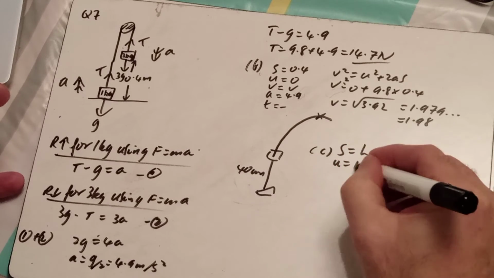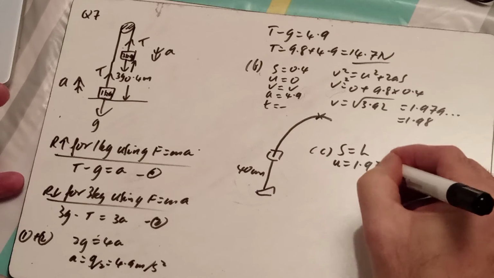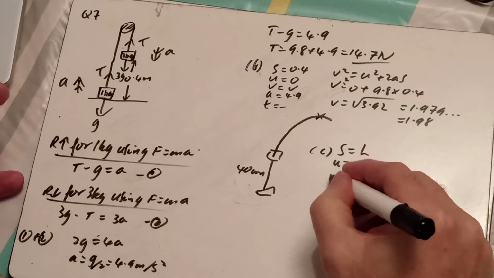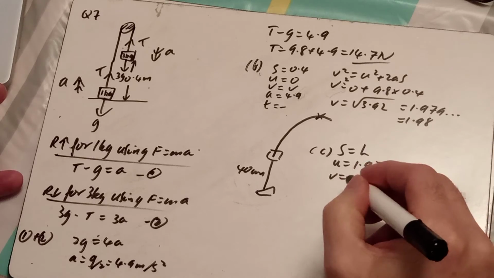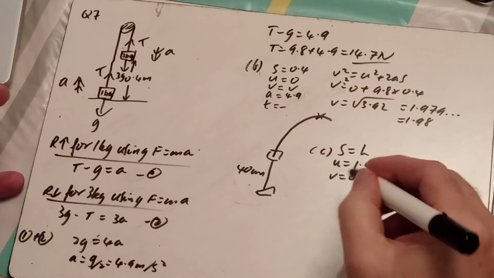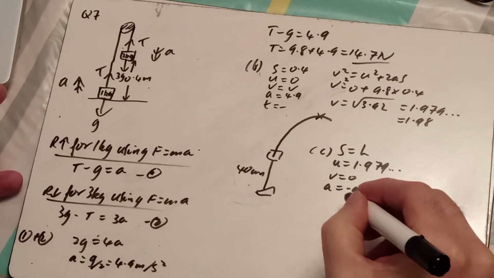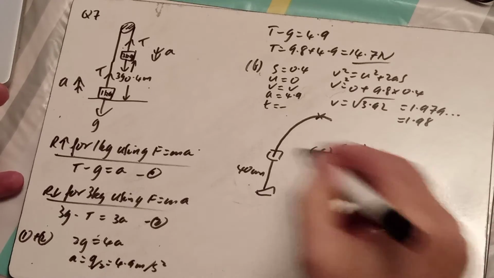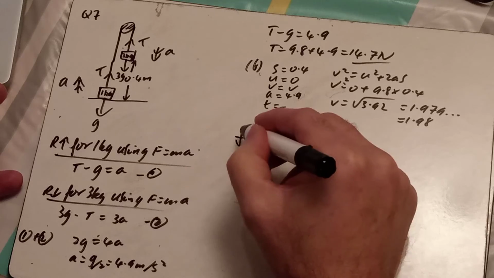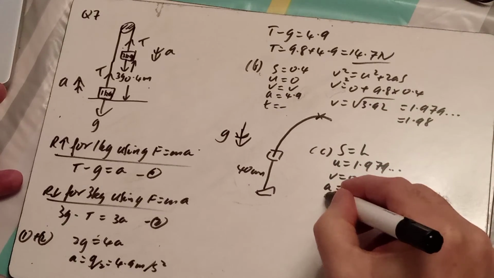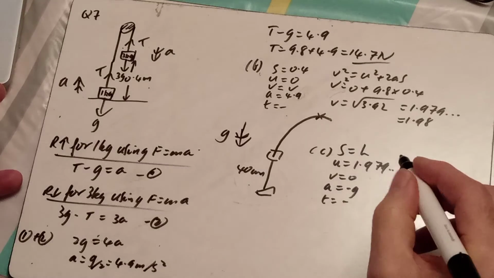U is 1.979 because it reminds me to use the answer. V is 0 because it wants it at the top where it's got maximum height, so it comes to rest. A is minus g because my acceleration now for this stage of the motion is g downwards, acceleration due to gravity, and t yet again not interested in.